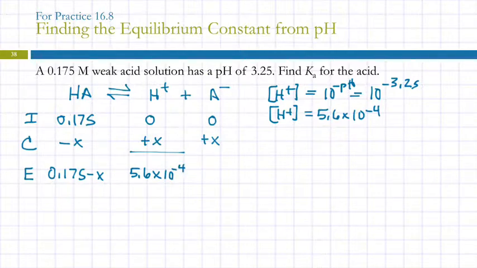Does that tell us what x is? Yeah, because we started with 0 and now we've got this much. So now we know that this is equal to x, 5.6 times 10 to the minus 4.